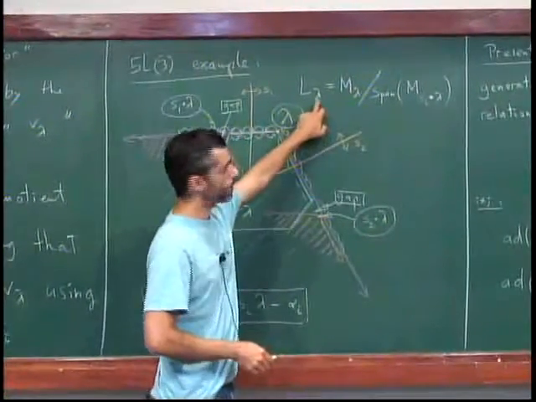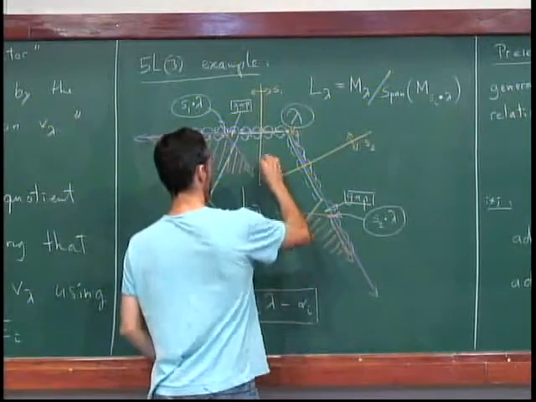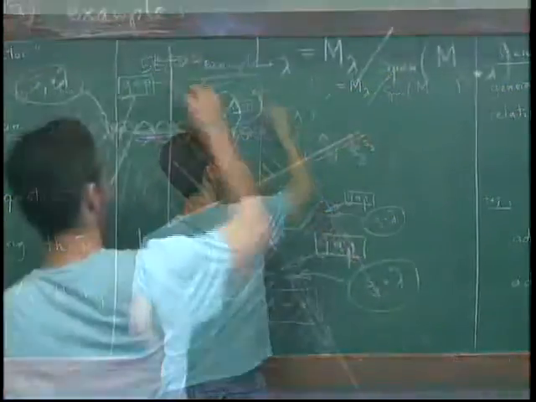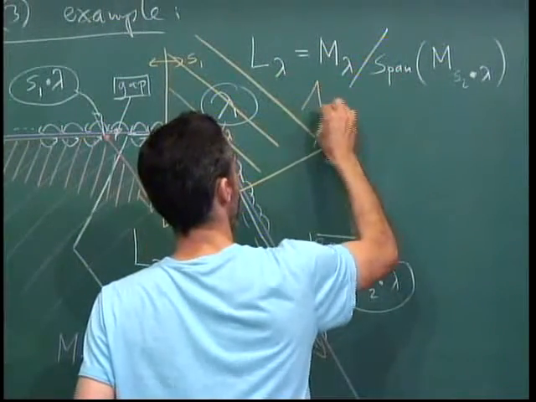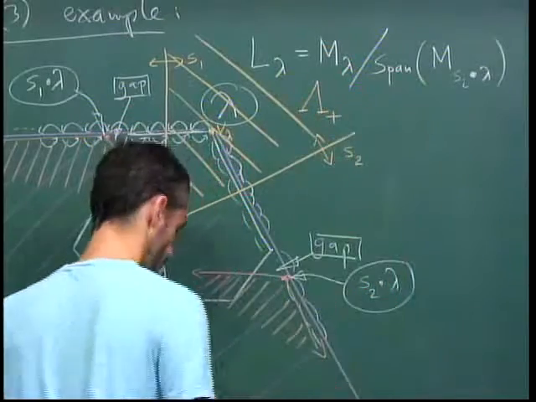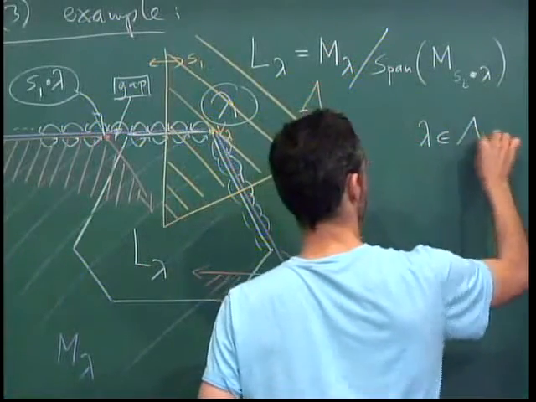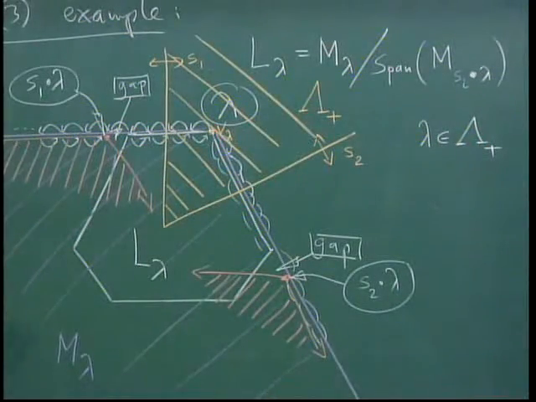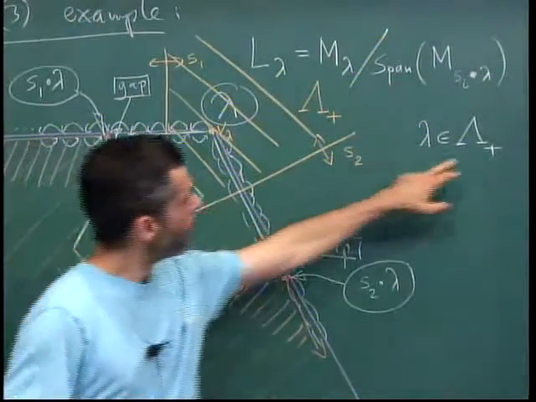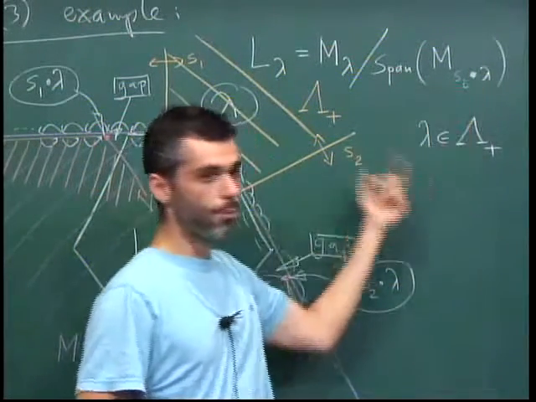What are the lambdas that are allowed? It's the ones such that applying this operation brings you lower.